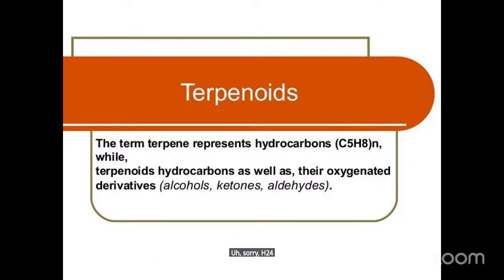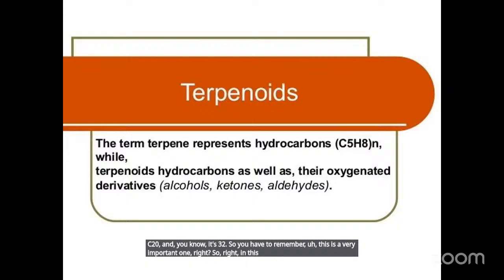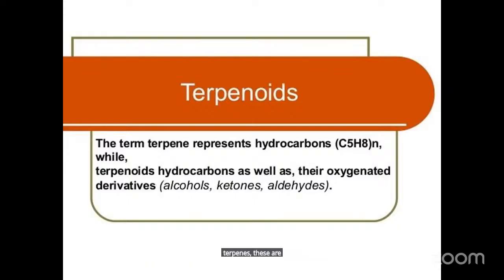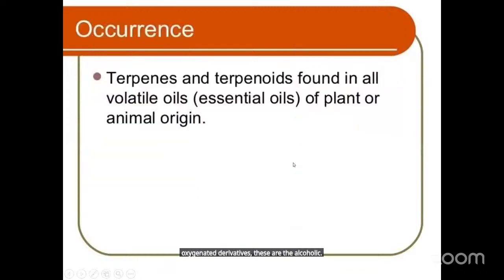If there is a diterpene, there is C20H32. So you have to remember this, it is very important, right? In this way you go for the triterpene and so on. Terpenes are the hydrocarbons as well as their oxygenated derivatives. These are the alcohols, ketones, and aldehydes, right?